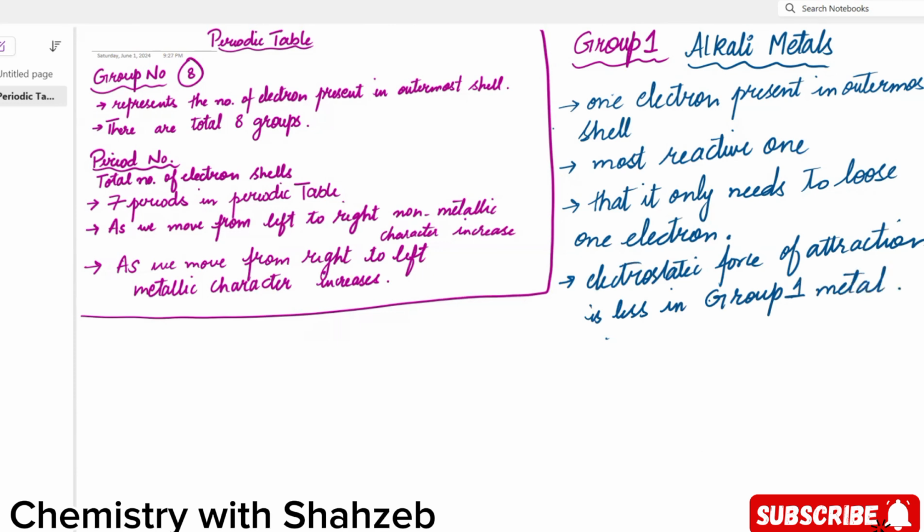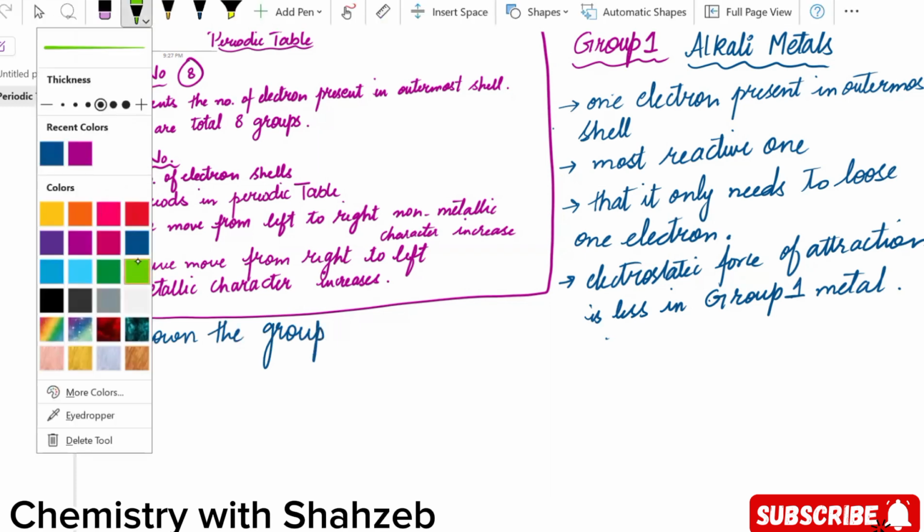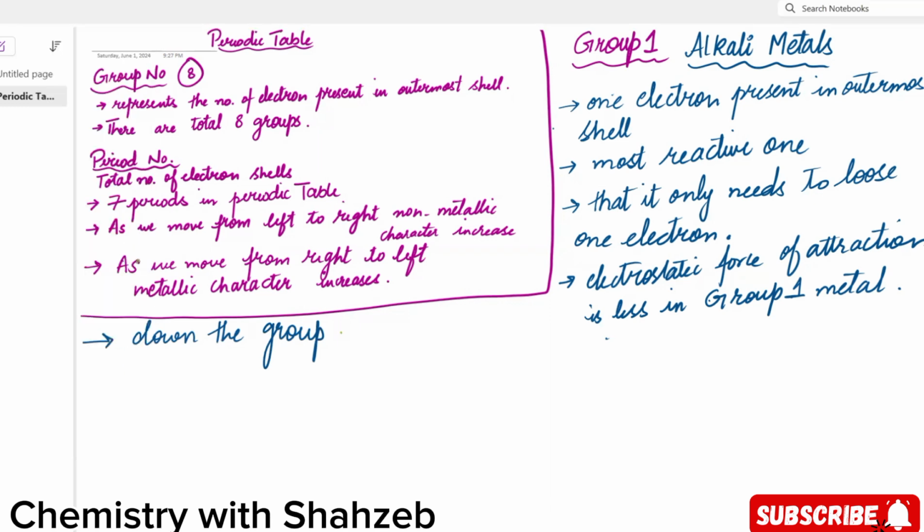And what happens down the group? Important thing: down the group, the size of the elements increases. If their size is increased, then the electrostatic force of attraction decreases.